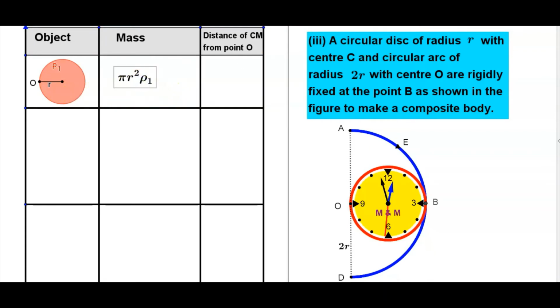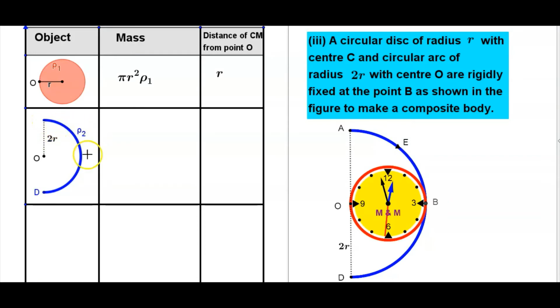The center of mass from O is R. This one is the circular arc, with linear density rho 2.